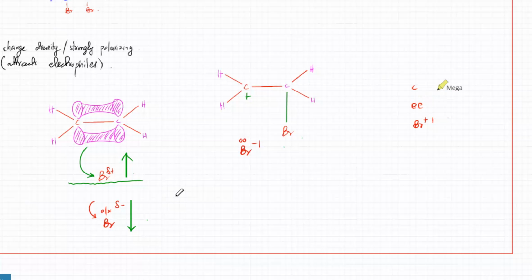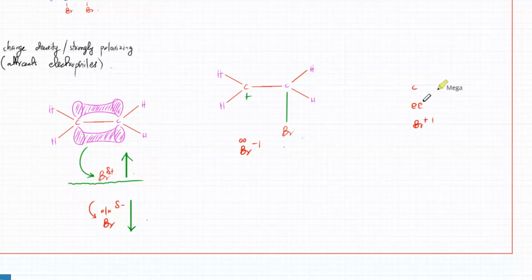Yeah. So the concept is exactly the same, but the reason it's not going to be a dative bond is that one of the electrons is going to make Br a neutral atom. It actually ends up gaining one of the electrons, because it's a positive ion, right? So one of the electrons, the Br would gain, and it would become a neutral atom.